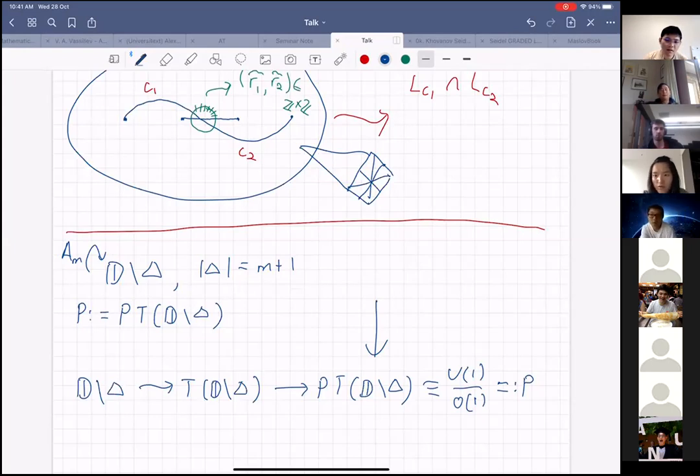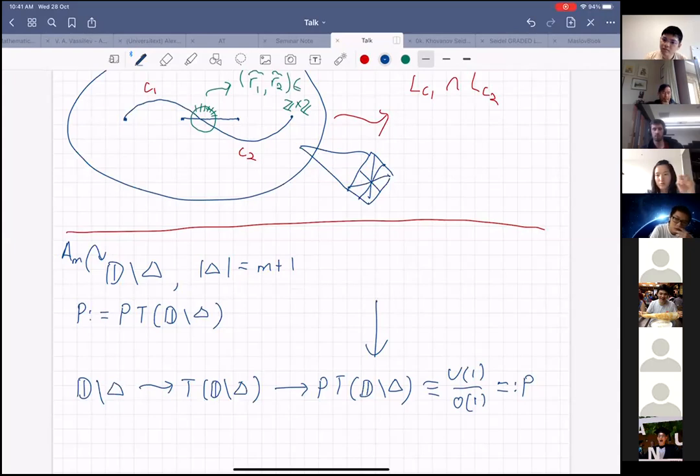So this covering depends on the point in the data. No, it's a global picture since it's not a universal covering. It's just a covering. But this depends on the points in the data. No matter which point you choose, if you choose a loop around that point, you lift it. I think it's the same number.